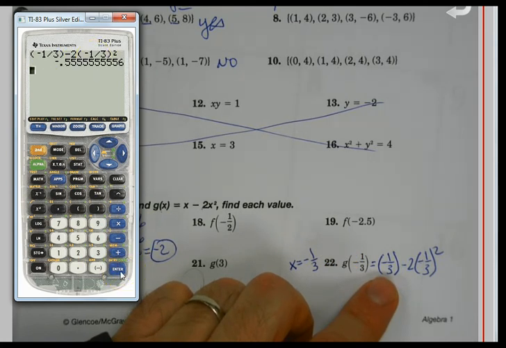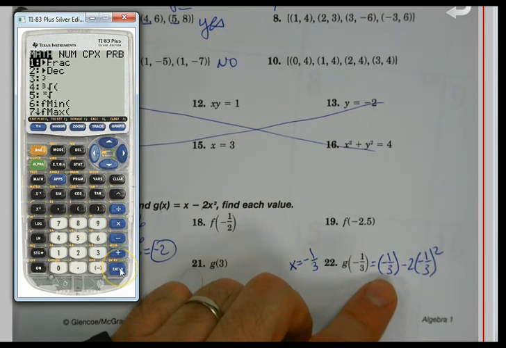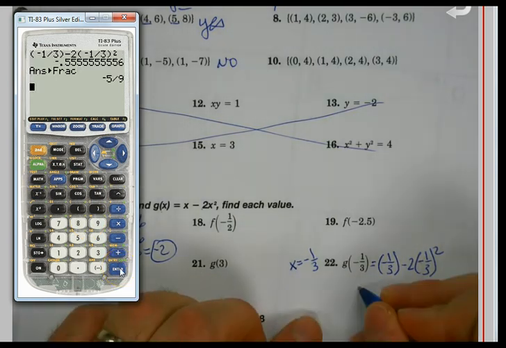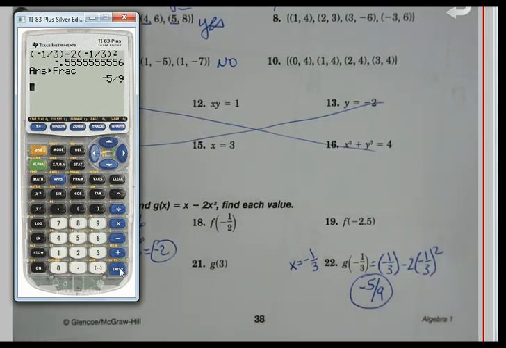Now, I do not want to see the answer this way. Every calculator basically I see anymore has a fraction button. So if you get a funky decimal like this, I want you to hit the math button right underneath alpha or whatever your fraction button is and enter twice. That's what I want to see. So see, no harm here as long as I just use the tools that are available to me.